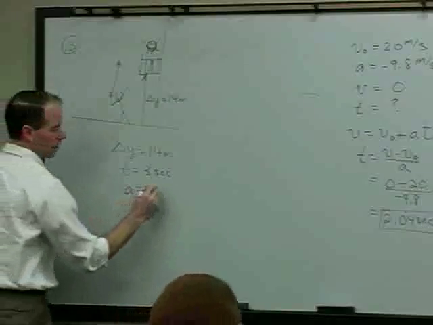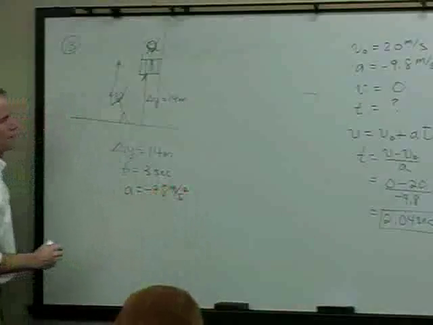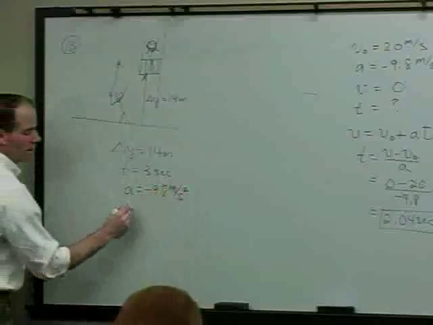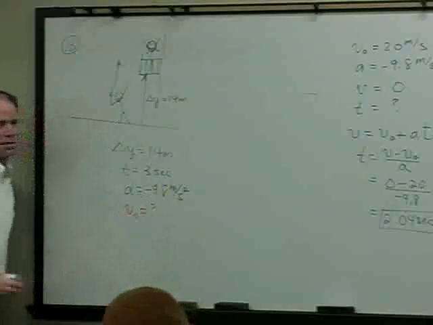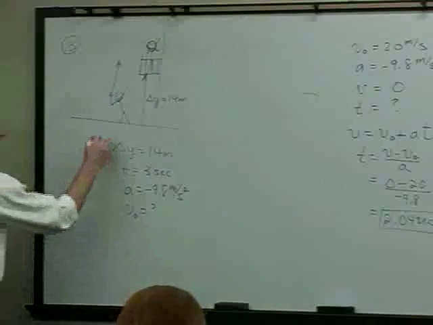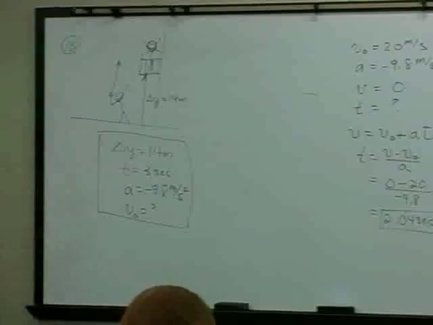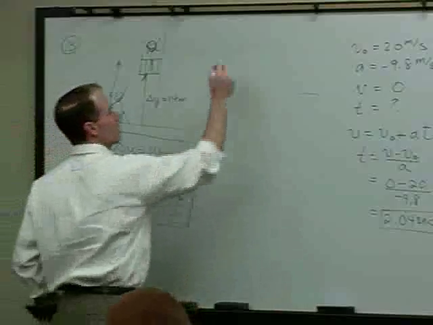Very good. So there we have it, 3 kinematic variables. And we want to find the initial speed. So hopefully we can do it. With that given as such, what equation should I choose? Number 4. All right, so let's try that.